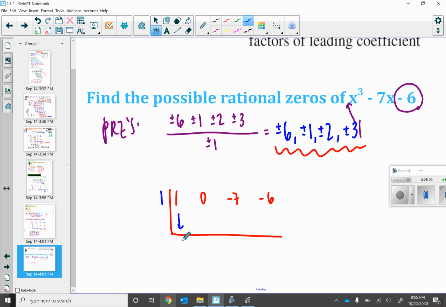So I pull down the 1. 1 times 1 is 1. 0 plus 1 is 1. 1 times 1 is 1. -7 plus 1 is a -6. -6 times 1 is -6. And this is -12. What am I seeing? A remainder, which isn't 0. So x equals 1 is not a 0. Ugh, well, that's okay. We can try another.